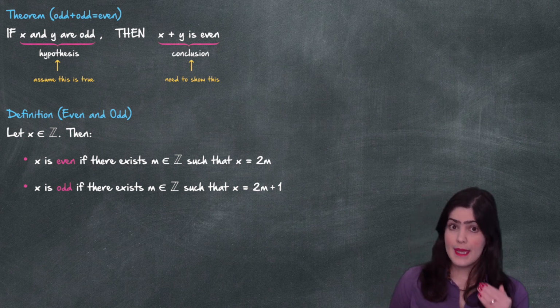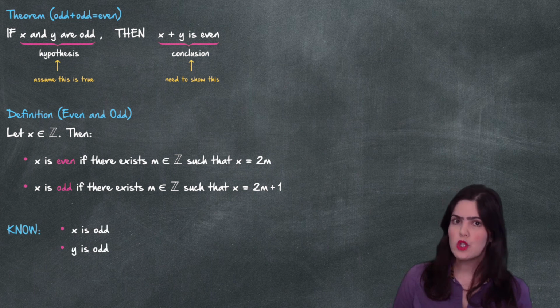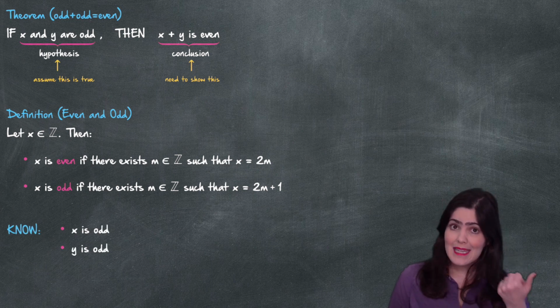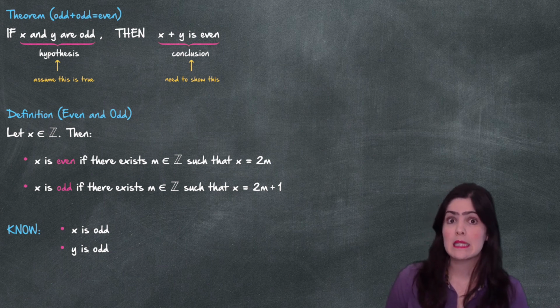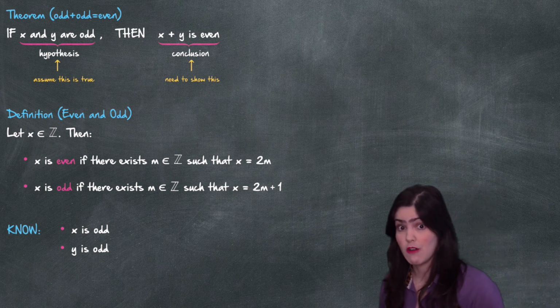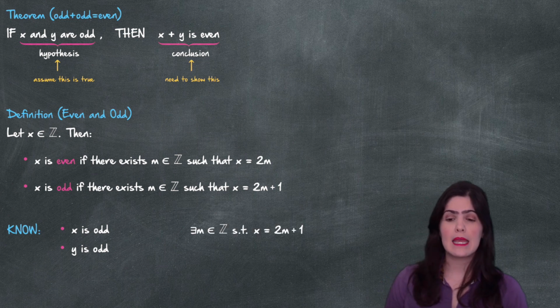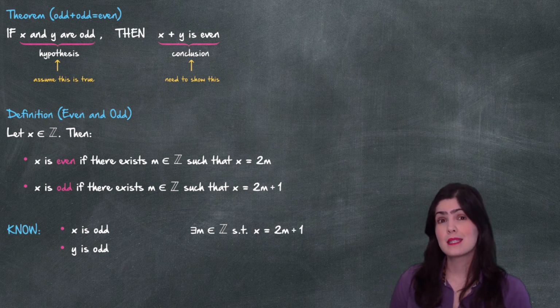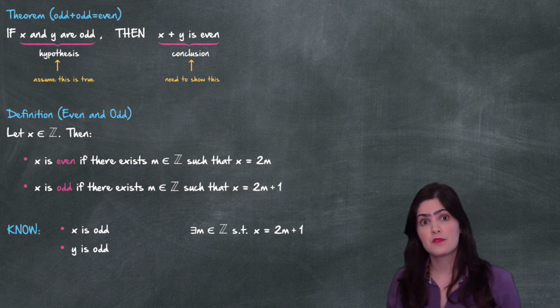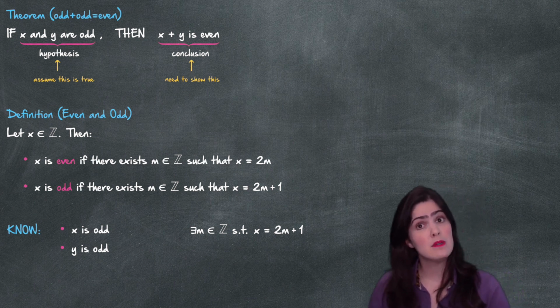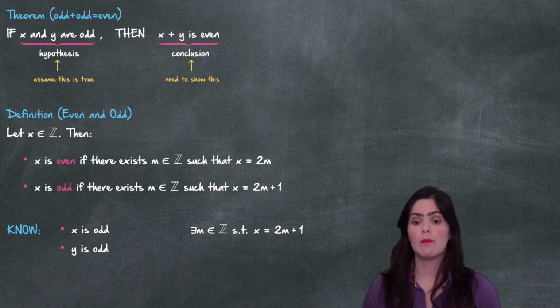So in this language, what do we know? We know that x is odd, we know that y is odd. What does it mean in terms of the definition of odd? Well, it means that I can write x as 2m plus 1 for some integer m. That's why I'm saying there exists an m such that x is equal to 2m plus 1.